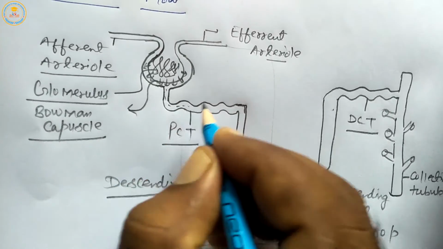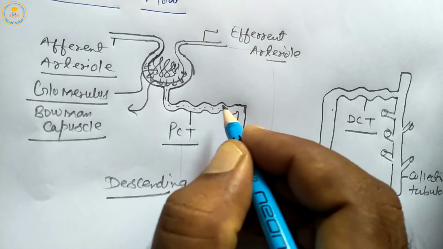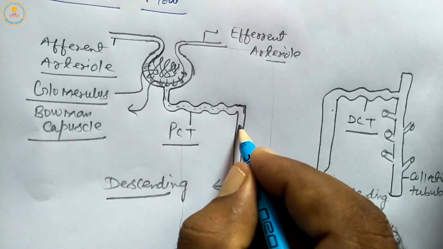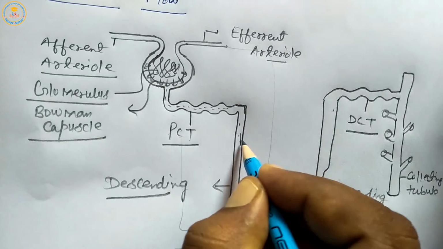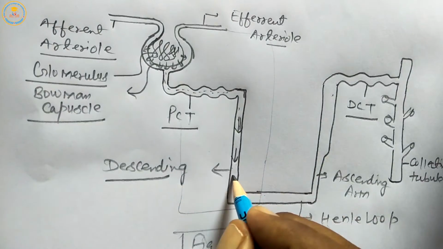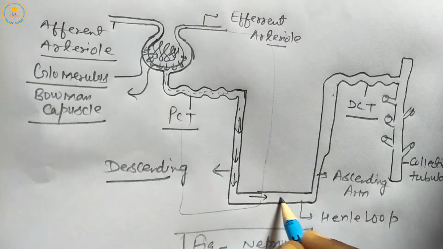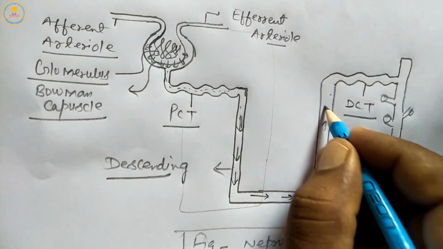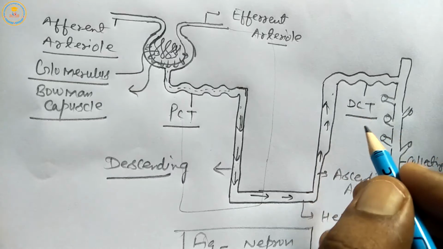So the filtered part of blood is called glomerular filtrate. Students, glomerular filtrate flows in Henle loop descending arm in the below side, and in ascending arm glomerular filtrate flows in the upper side.